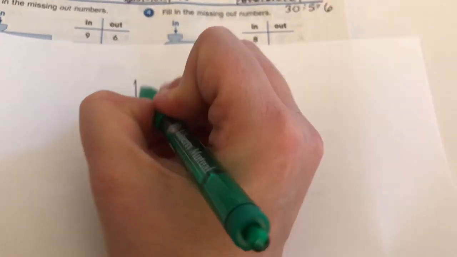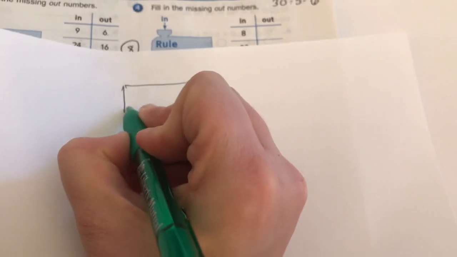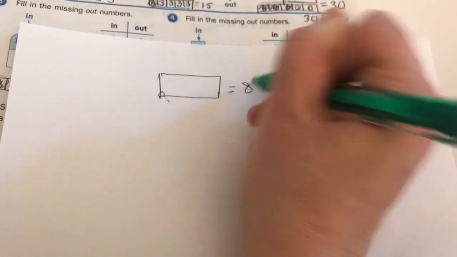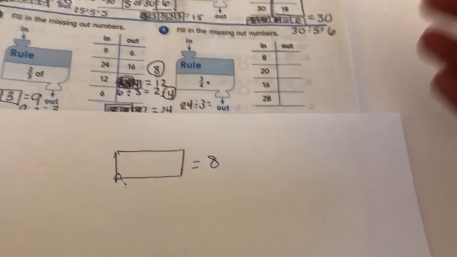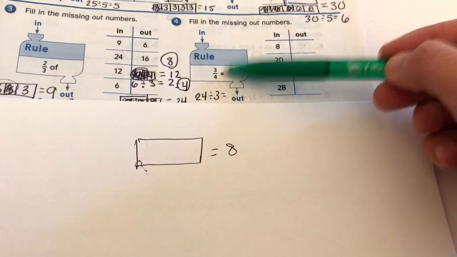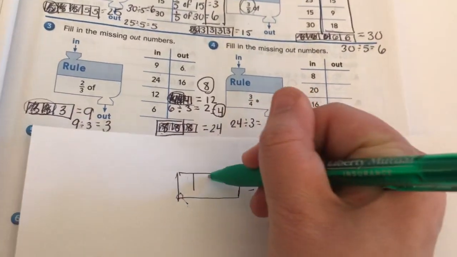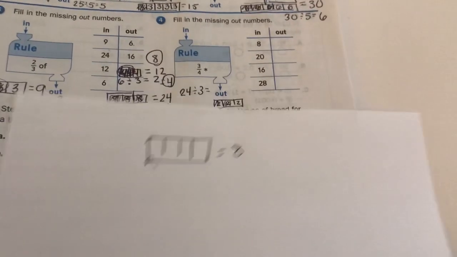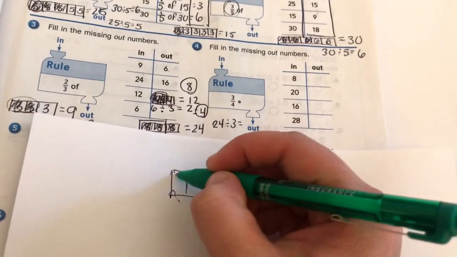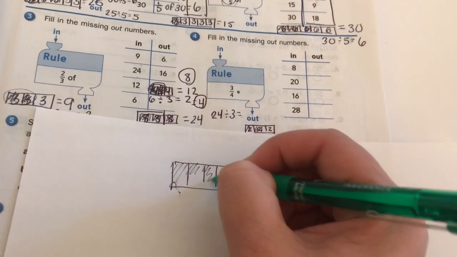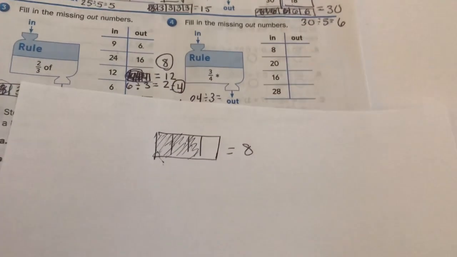Okay, so if I draw a fraction bar, not a bar graph, I always get that wrong. Fraction bar here. I know I'm going to split it into fourths, and I know that I want to know 3/4 of 8.